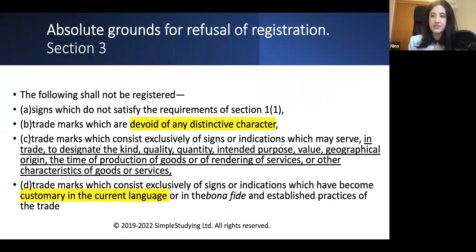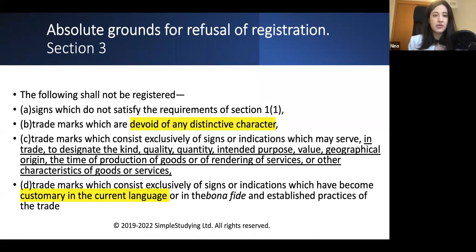For a sign to be registered as a trademark, there are some limitations. We call it absolute grounds for refusal of registration or relative grounds for refusal of registration. If any of these grounds apply, then the registration will be denied. Absolute grounds are the following.